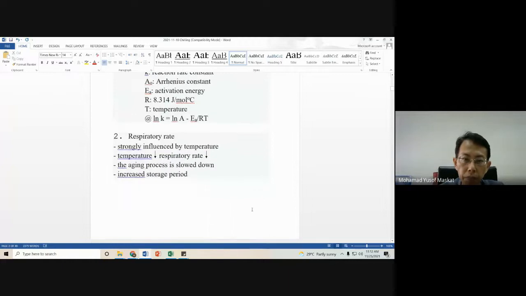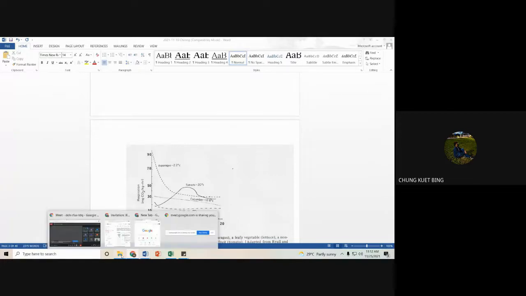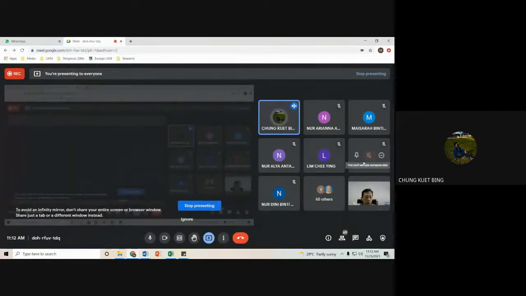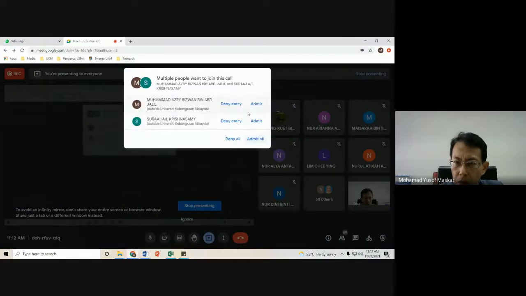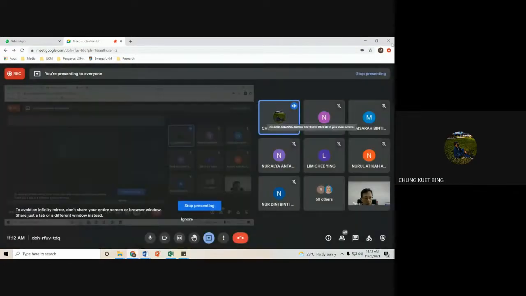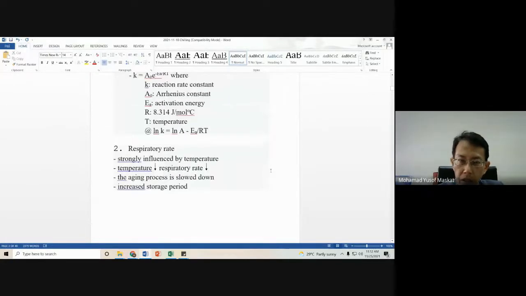Doctor, sorry, may I ask, what is the symbol for resin red? I'm sorry, what is the symbol for resin red? Yes, resin red. Sorry, I can't understand you.